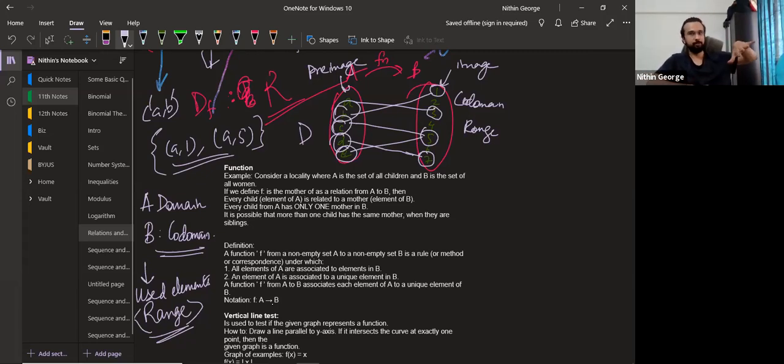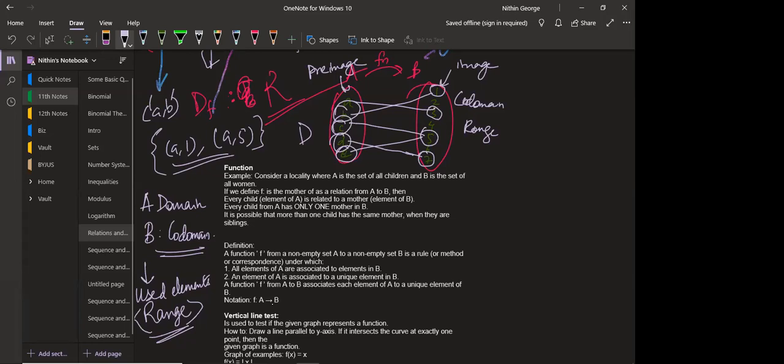That is separate. When I define two sets and a function between them, it means the first set, A, should have all its elements satisfied. Then only A becomes the domain. If it's not, then it's not a function. If all elements in A cannot be put into the function, that function is not defined.